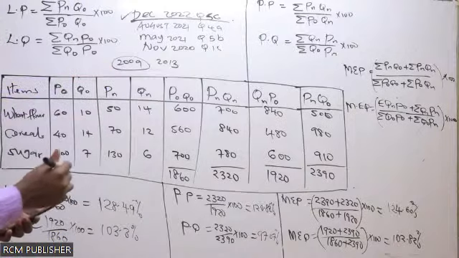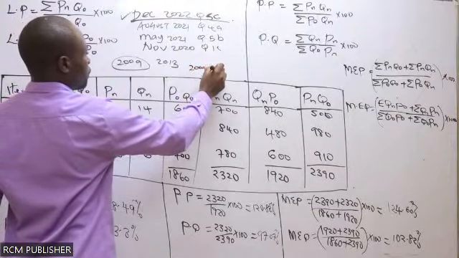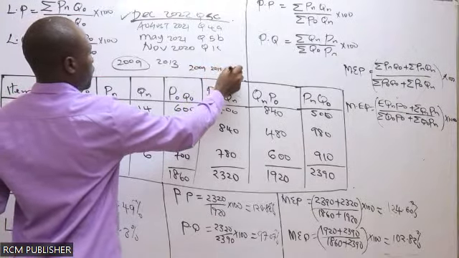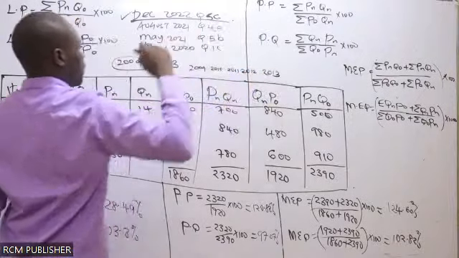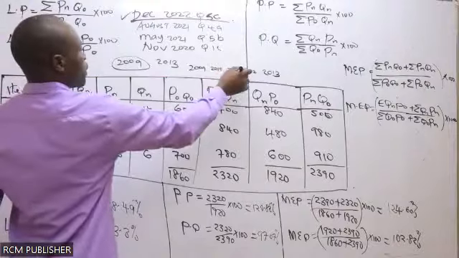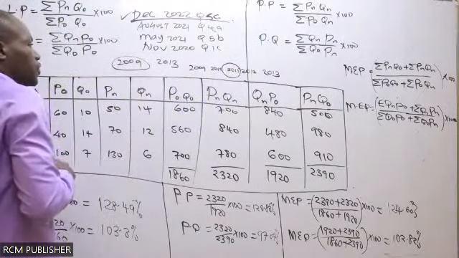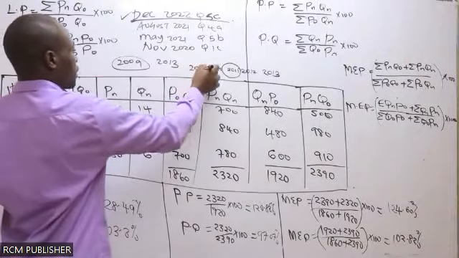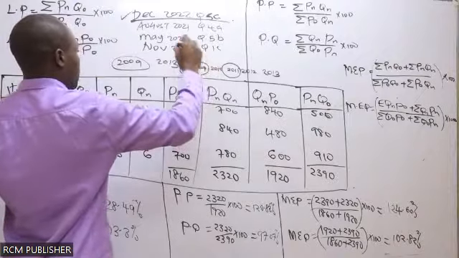Another thing that I've seen people ignoring: you have 2009, 2010, 2011, 2012, 2013. The examiner just from nowhere tells you to take 2011 as the base year. But because from class you are not informed about that, you will still keep on referring to 2009 as the base year.